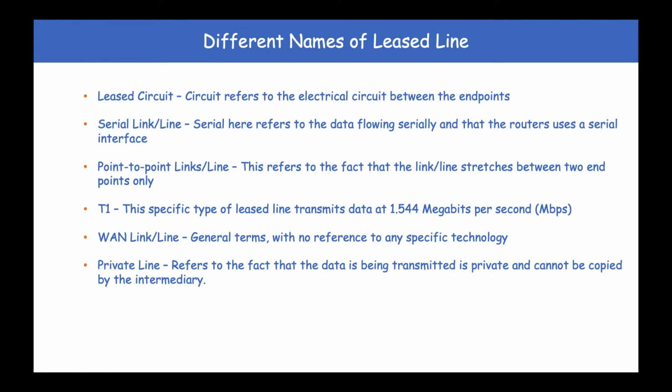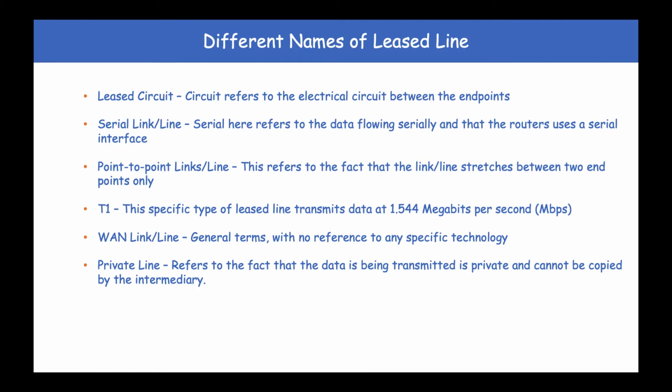A leased circuit or a leased line refers to the connectivity between two endpoints that is dedicated, just like an electrical circuit. A serial link or line refers to the data flowing serially and that the router uses a serial interface. In the earlier days of the internet, this is how a leased line used to be delivered to the customers.